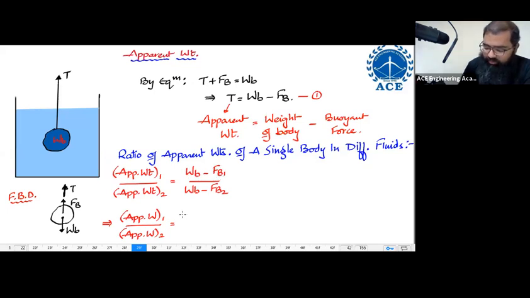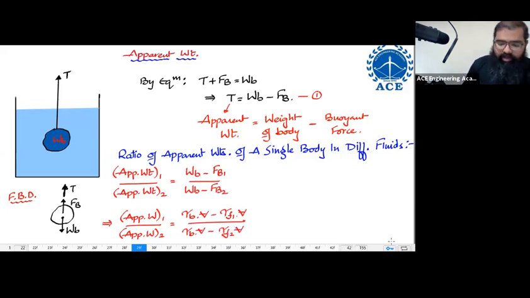So therefore I can say gamma of body into volume minus gamma of fluid 1 into volume, divided by gamma of body into volume minus gamma of fluid 2 into volume. Now you see, if volume everywhere is the same, I can take it as common and cancel it off.